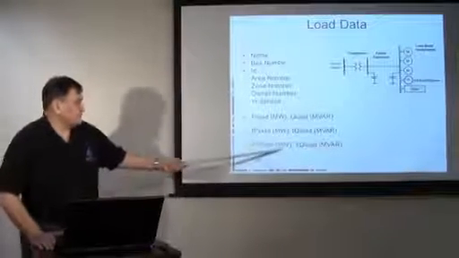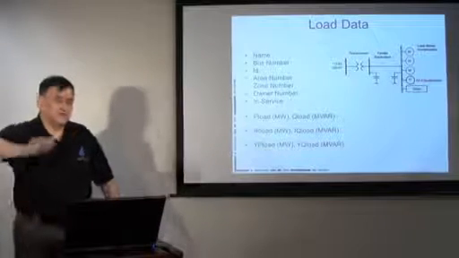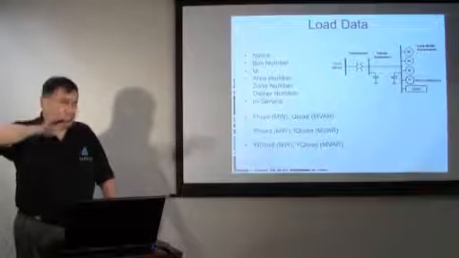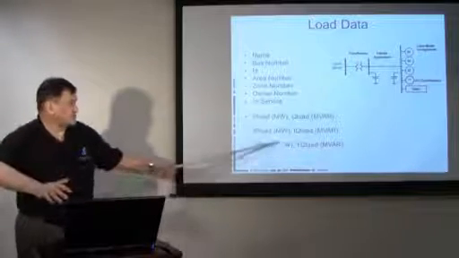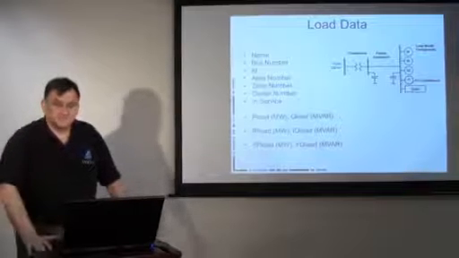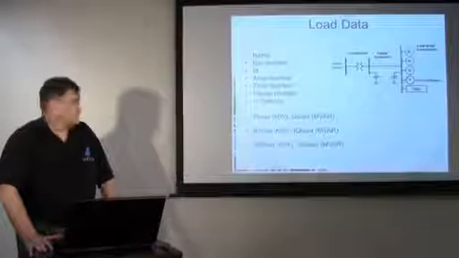And then we can have a constant impedance, which is basically as the voltage drops, the load is dropping with the square of the voltage. Sometimes we call that the ZIP. We have Z for constant impedance, I for constant current, and P for constant power.